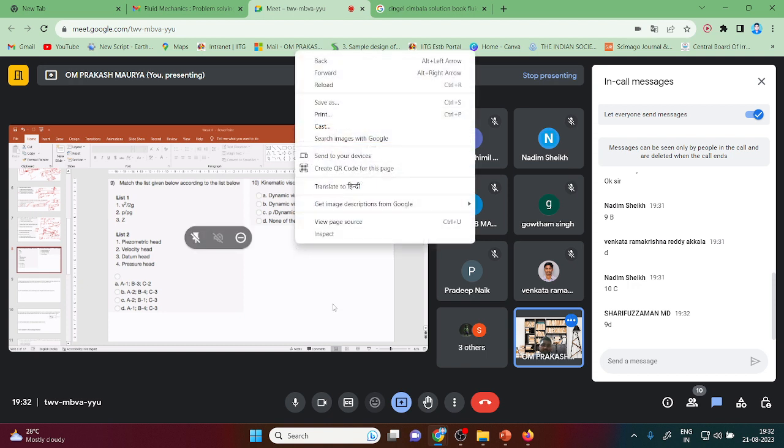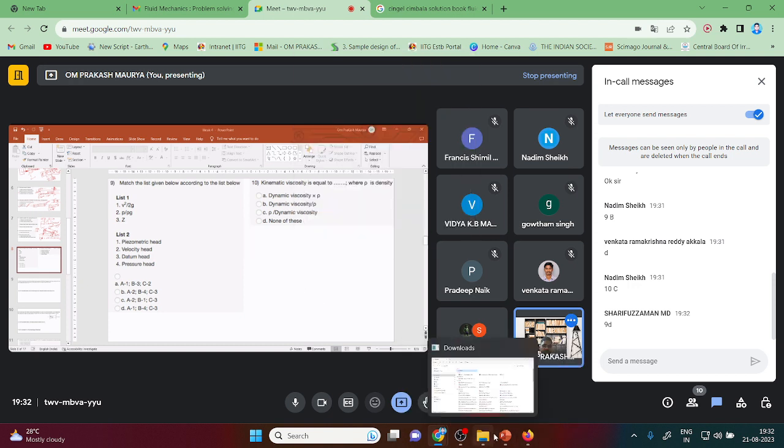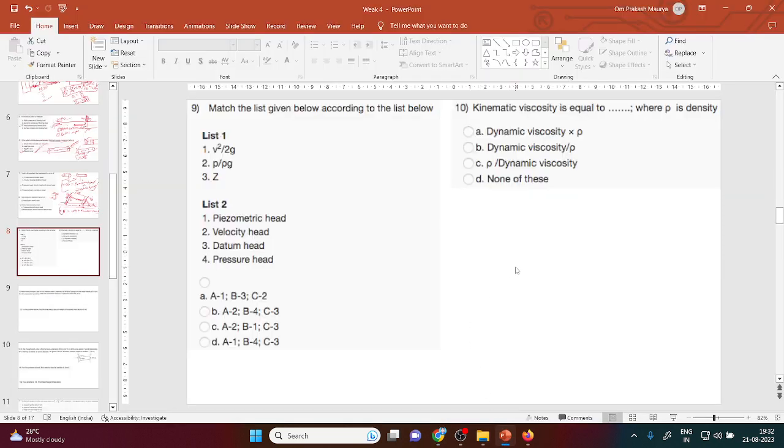Okay, option C is correct. Let me explain. The piezometric head means the pressure head plus the datum head. V square by 2g represents your velocity head. So this is A, B, C; here I think there is a typing mistake. For A, option number 2 is correct.